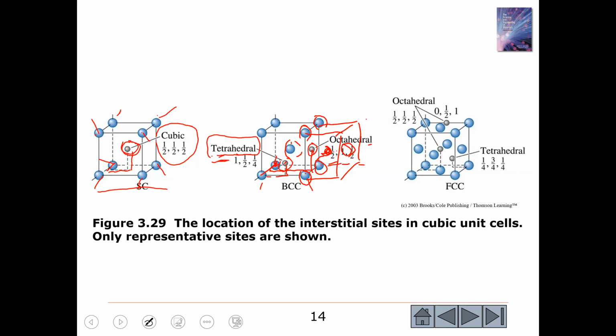So if you draw a polygon connecting all these surrounding atoms, you are going to end up with an 8-sided body. 8, E-I-G-H-T. 8-sided body, right? It's going to look like this.